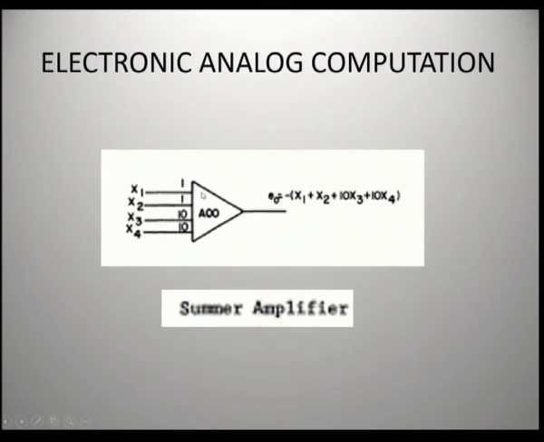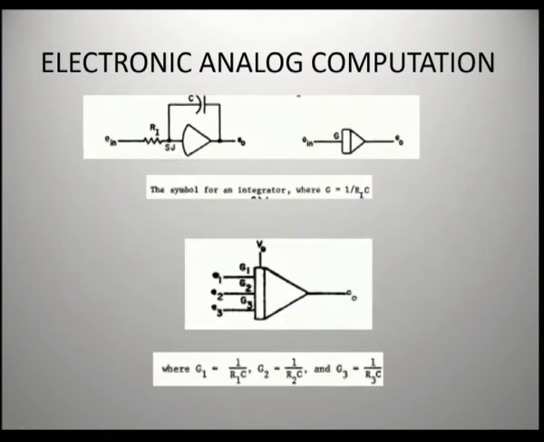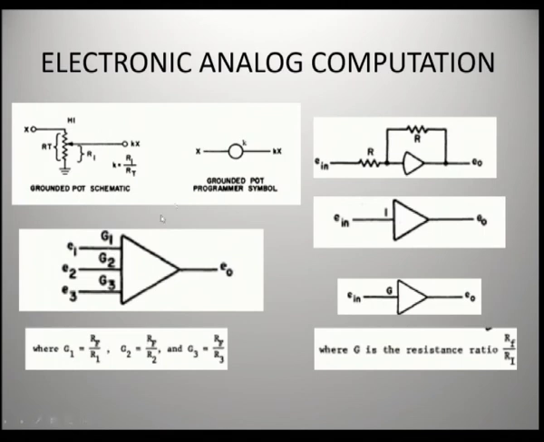So, here when you see the input side of the triangle, there is no rectangle box. So, it is a summing amplifier. The output is the sum of all the inputs, each amplified by the corresponding amplification factor. This is said to be a summer amplifier. So, based on these symbols and these mathematical operations, you can derive the simultaneous equation as well as the second order differential equation.